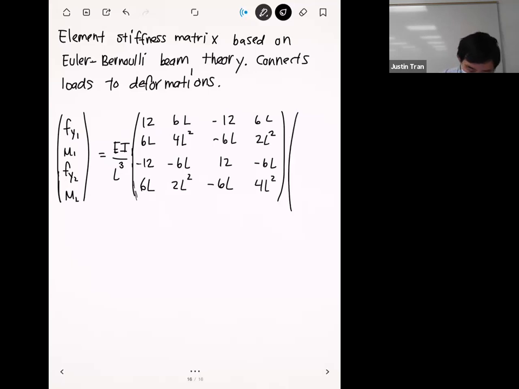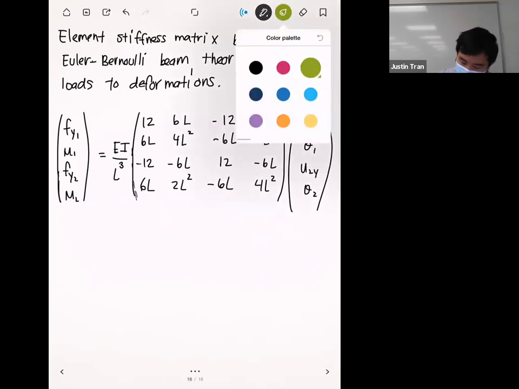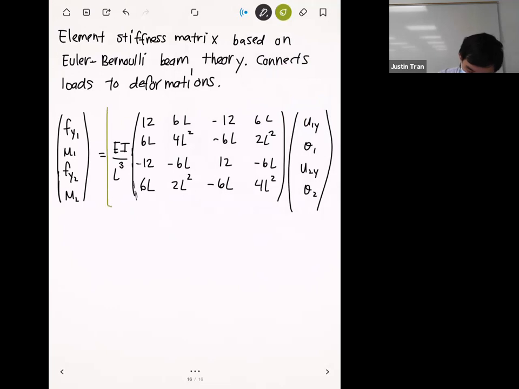This is multiplied by our vector of nodal deformations: U1y, theta 1, U2y, theta 2. The quantity in the middle is our element stiffness matrix for beams.